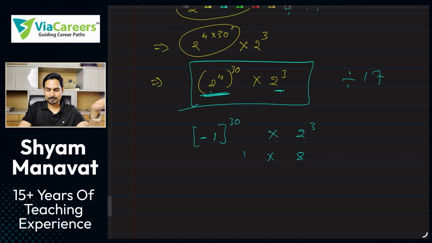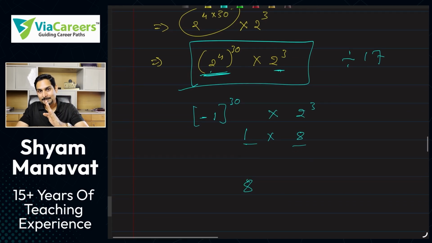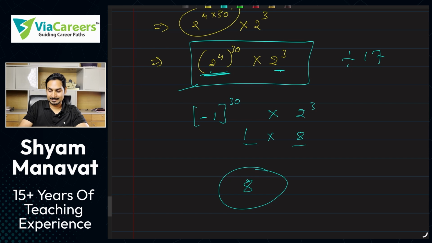Correct? So plus 1, we don't usually write plus as such, we'll only write 1. And 1 into 8 is 8, and this is a number which is smaller than the divisor, positive, and greater than or equal to 0. So this becomes your real remainder.